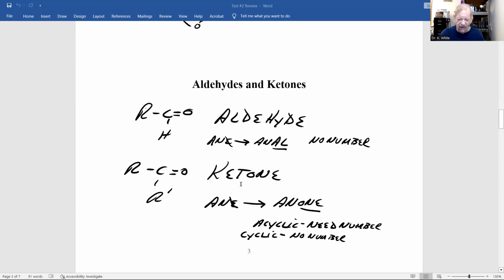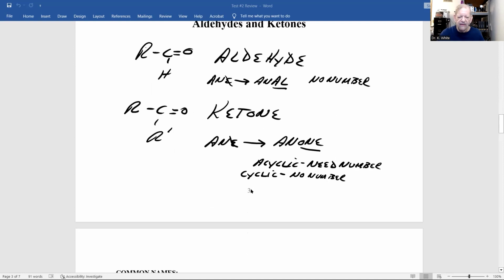Now in a ketone, you name the longest chain that contains the carbonyl carbon, carbon double bonded to oxygen, as an alkane, drop the E, and now for a ketone, add ONE.